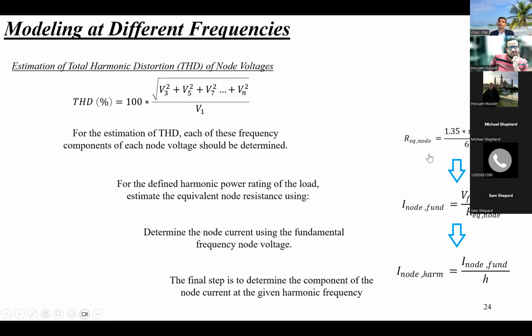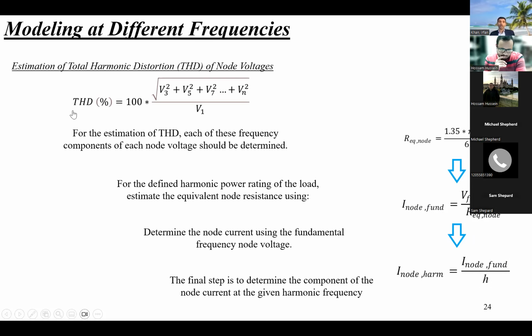So these are the steps we use. Initially we have our equivalent resistance, which we calculated with the fundamental frequency voltage. After that, from this equivalent resistance, we calculated the equivalent node current for each of these nodes using this formula, and then we calculated the harmonic current by dividing our node fundamental current by the harmonic number, the order of the harmonic.